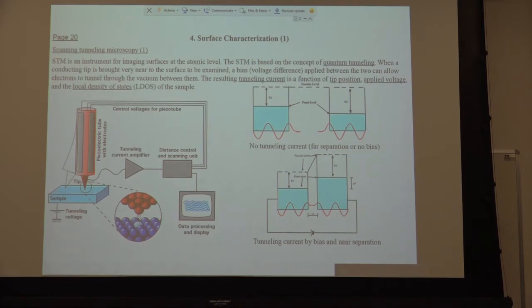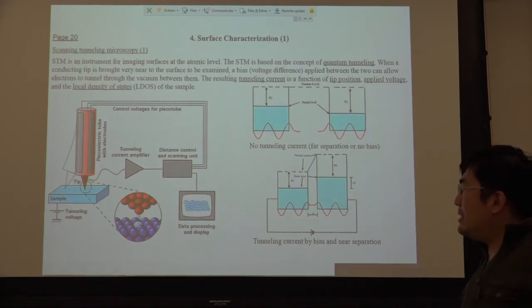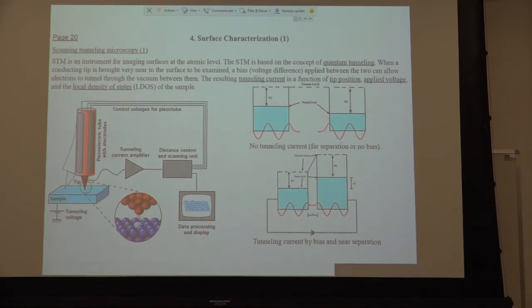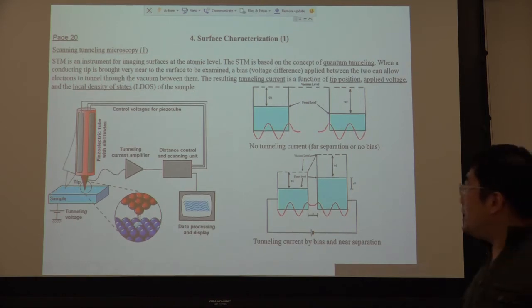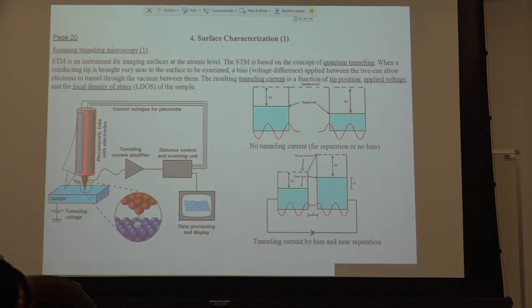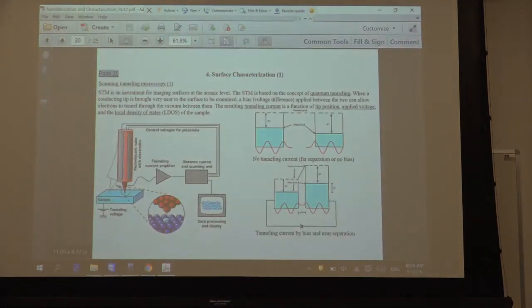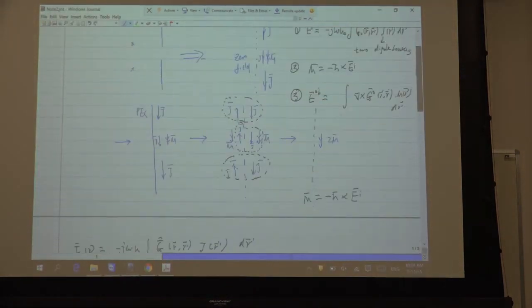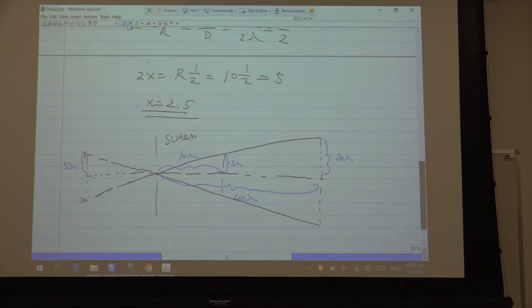Scanning tunneling microscopy is due to the quantum tunneling effect. This is a very different picture for the classical and the quantum tunneling effect. I will draw this picture for you.